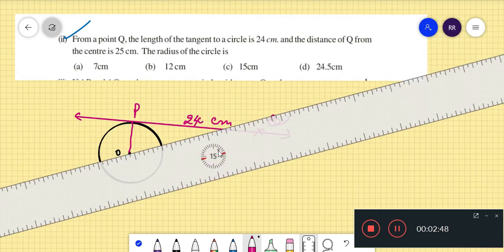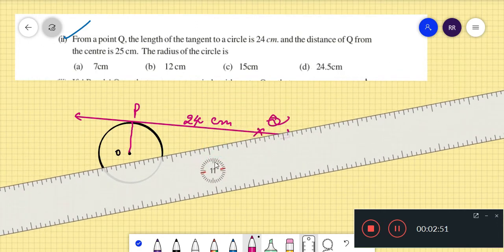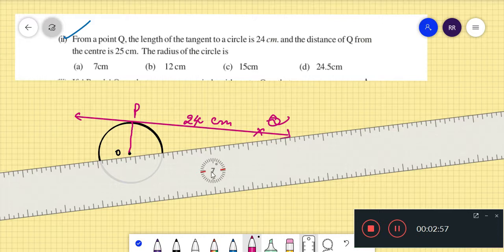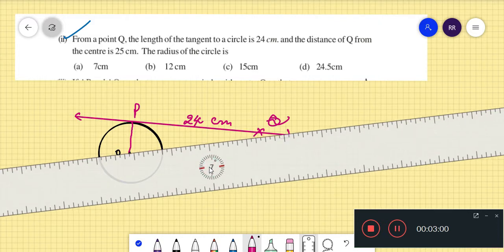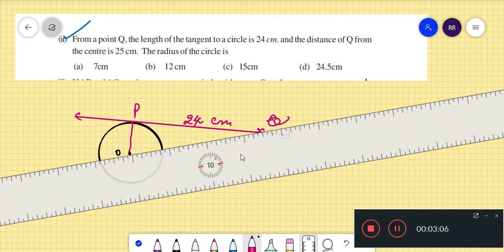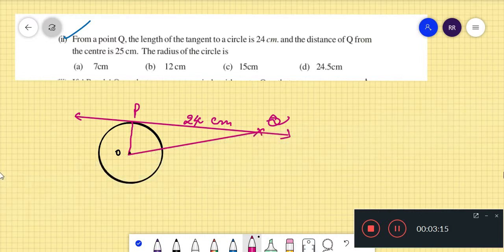So look here, this is the center, center to Q. So this distance is how much? 25 centimeters.